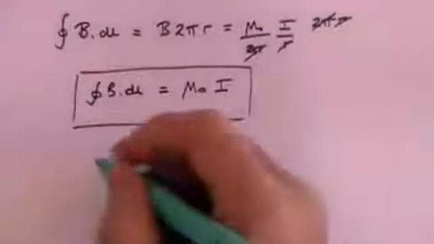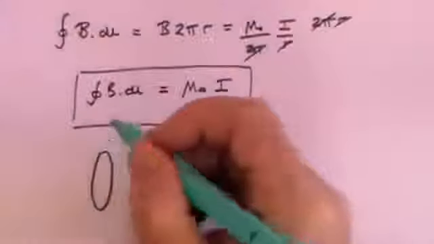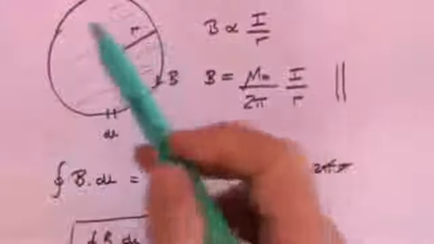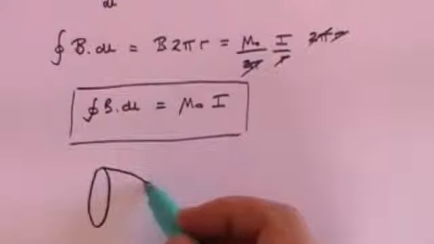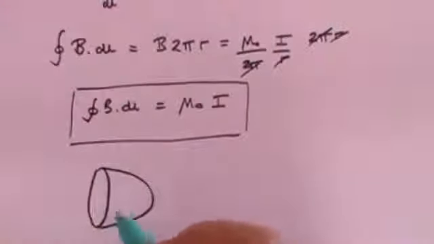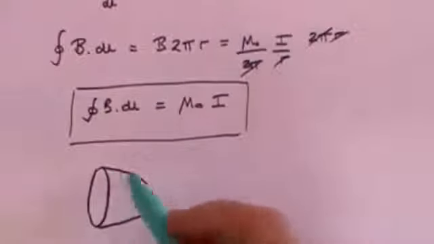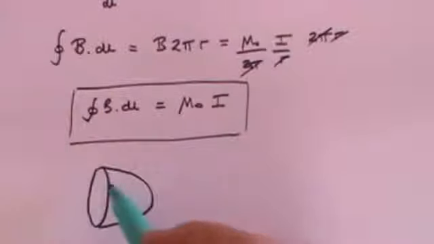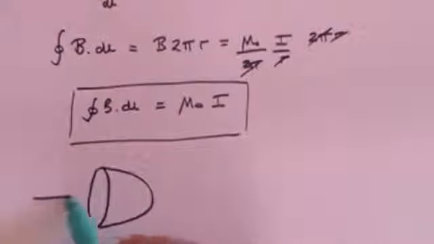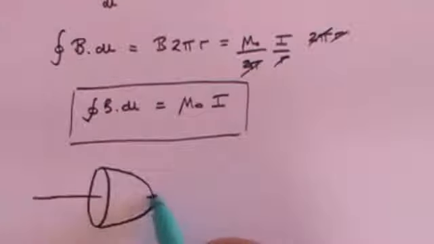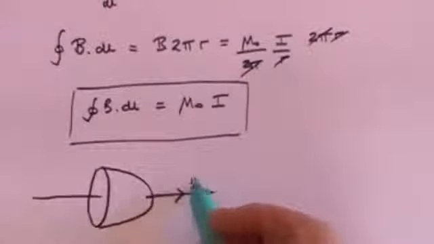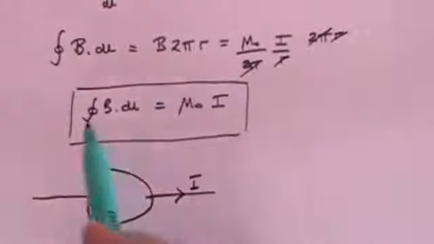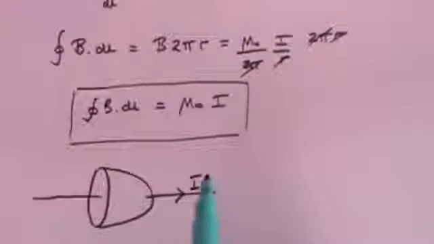It could, for example, if this is the closed loop, in other words, that is this loop, but edge on, you could attach a surface which represents essentially a bag. So this is just a bag attached to this loop. Provided the current flows through and comes out of this surface, there's the current I, then this formula is applicable.